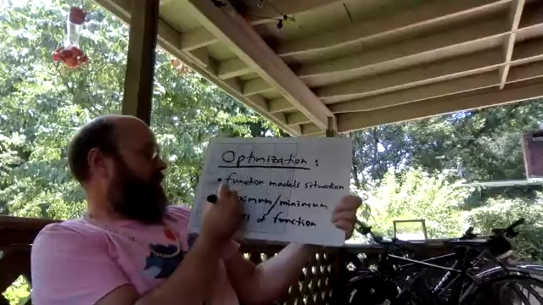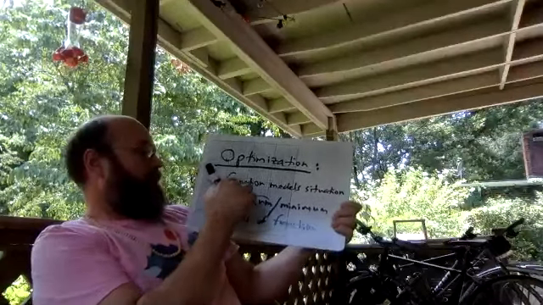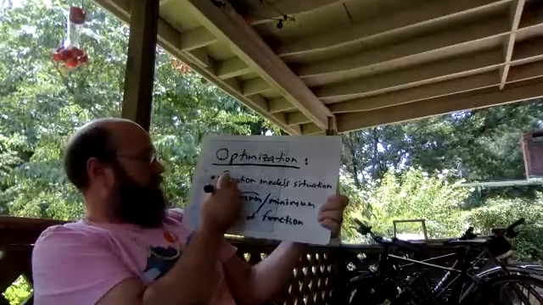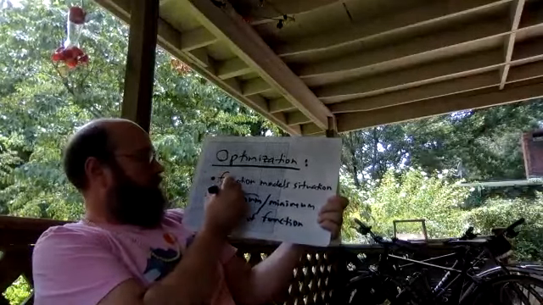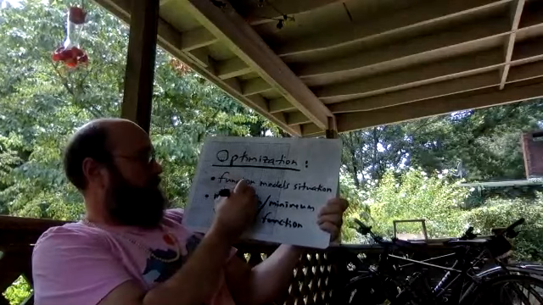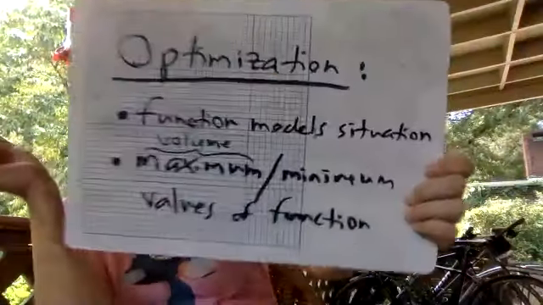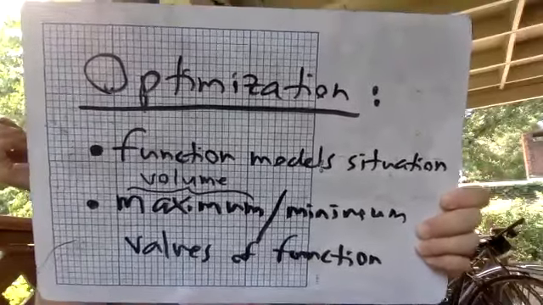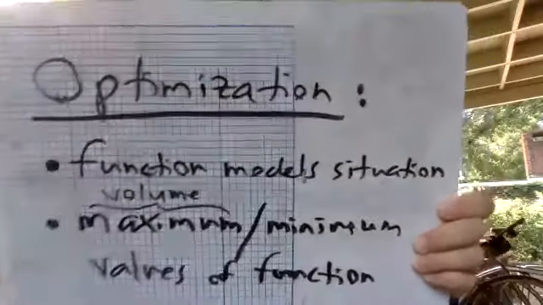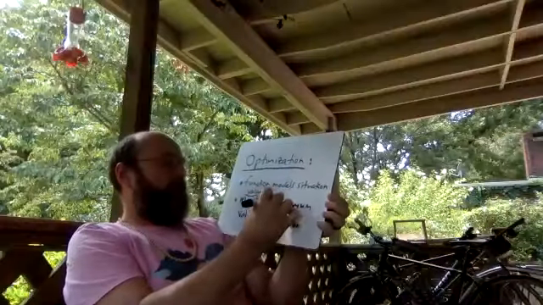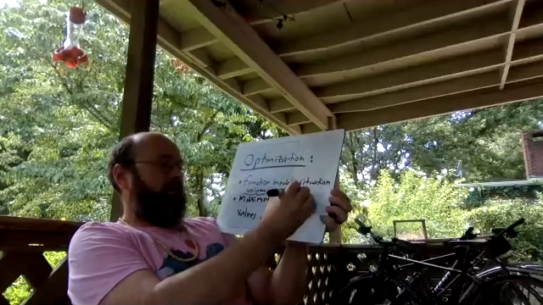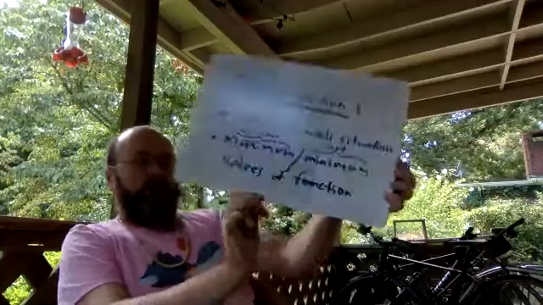Maybe your function describes the volume of the box you want to produce. And you want to find the conditions that make that volume the maximum, the largest possible, given that all the other conditions are balanced. Or maybe your function gives the cost, and you want to minimize it.